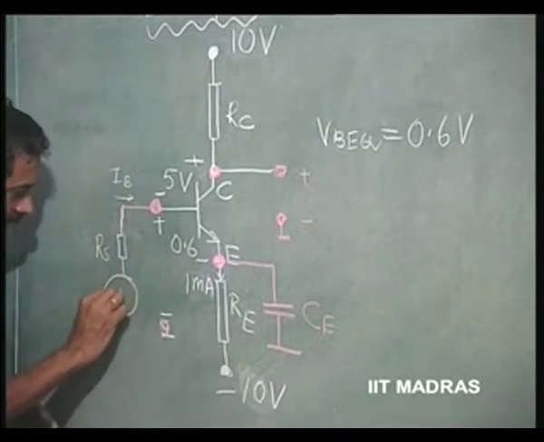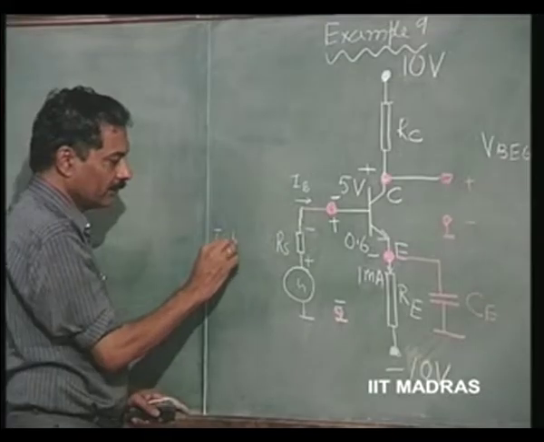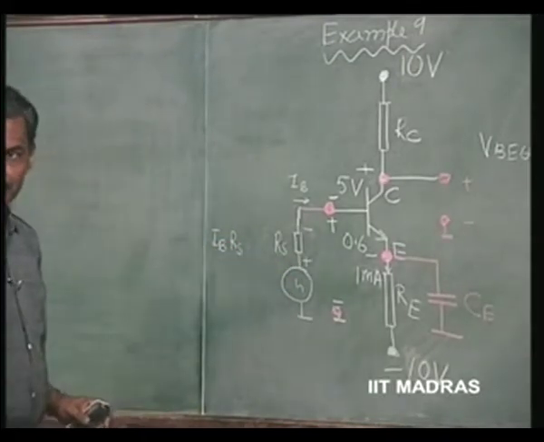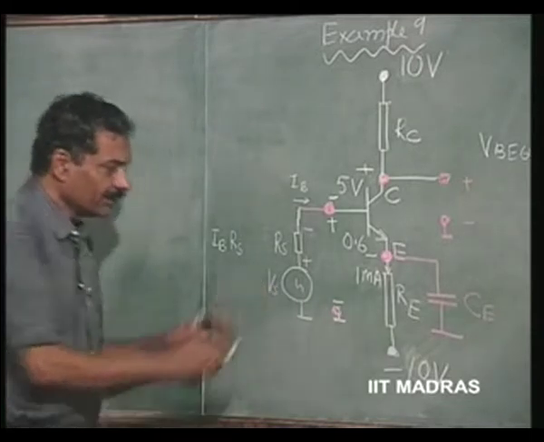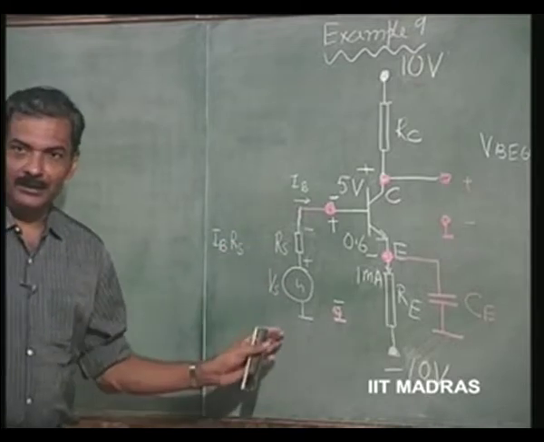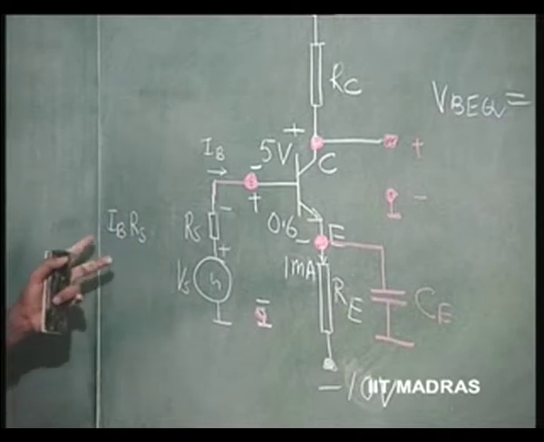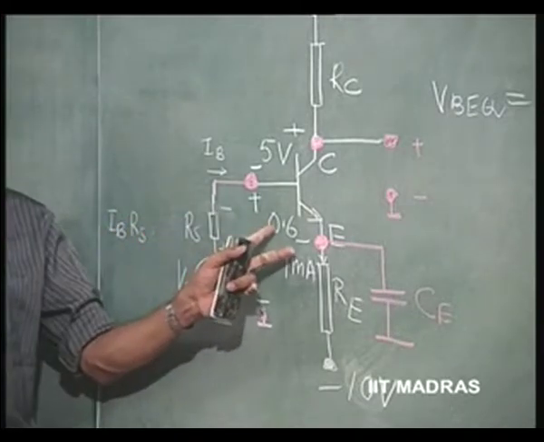So, in an actual situation this potential is going to be IB into RS DC potential. If the source resistance is not given, we will assume RS is 0 and this is grounded. If source resistance is given, then we have to consider this DC drop along with 0.6 also.